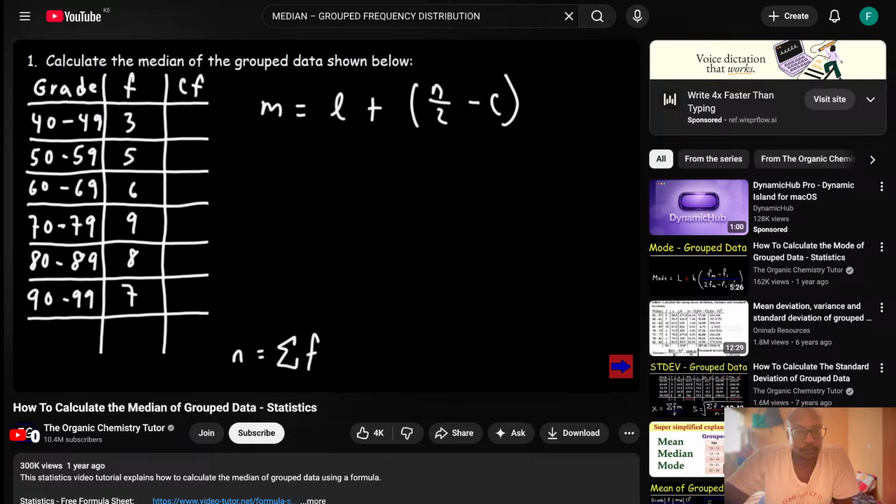C is the cumulative frequency of the preceding class with respect to the median class. F is the frequency of the median class. And h is the width or the size of that class, or the size of the intervals.